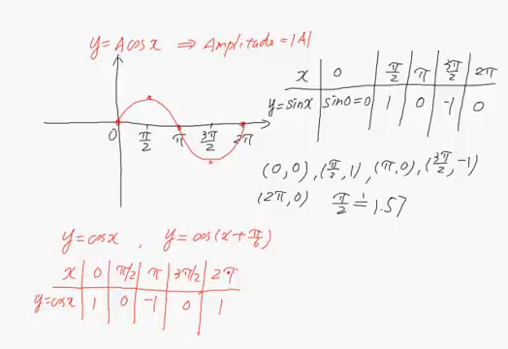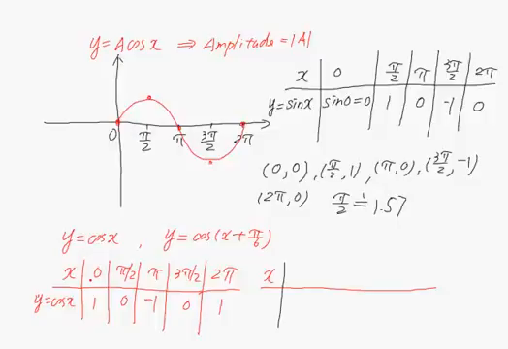Then how do we get the corresponding 5 key points on this second function? So this time, you may have the value like this. So now, since we need to shift the graph of y equal to cosine x to the left by pi over 6 units, right?